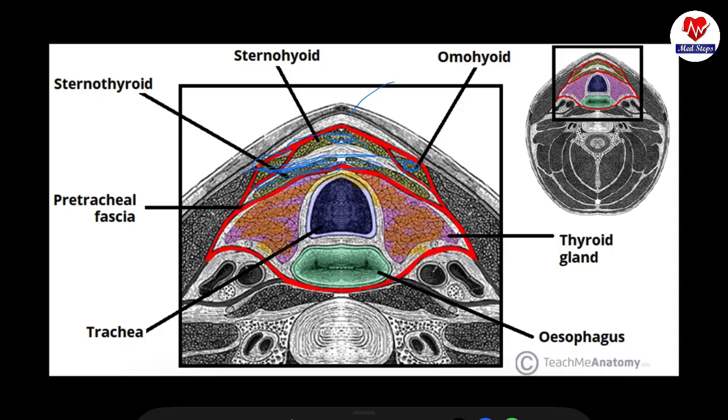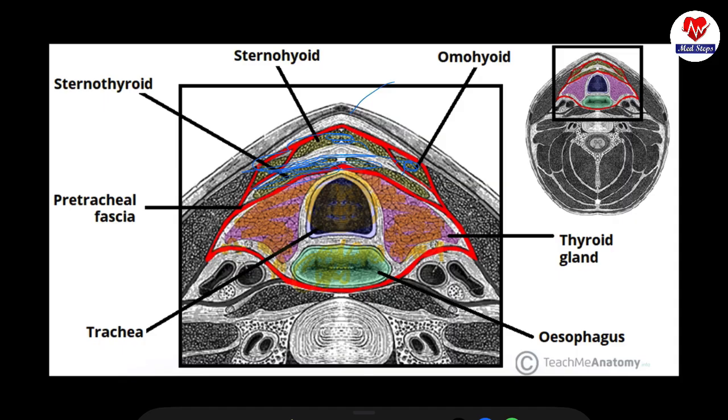If you go posterior to the thyroid gland, you can see the trachea, because the thyroid gland is enveloped around the trachea. Posteriorly you can see the esophagus, this is the food pipe, and this is the windpipe, and you can see nerves we call recurrent laryngeal nerves, and the parathyroid glands at the back of the thyroid gland.